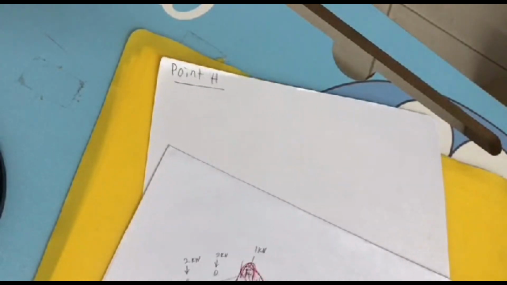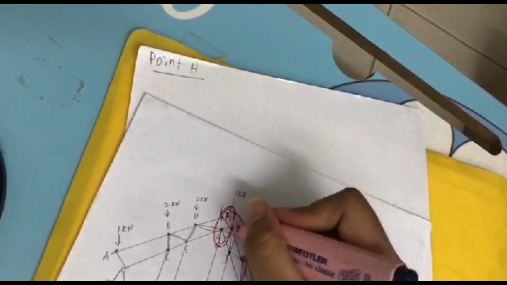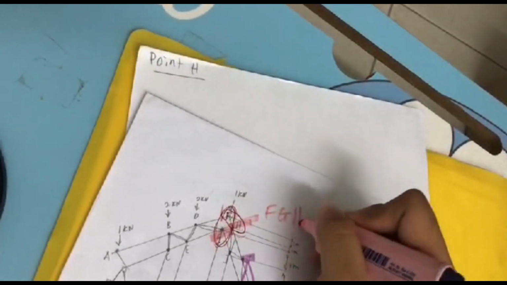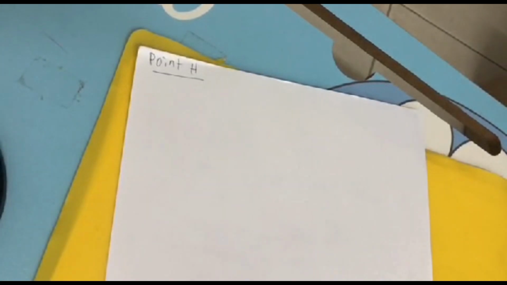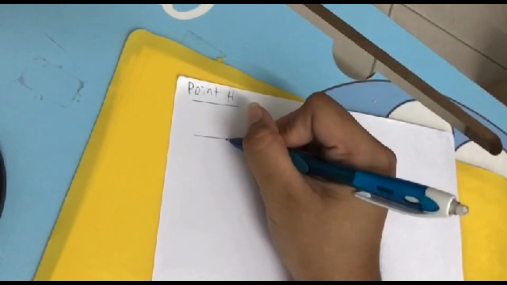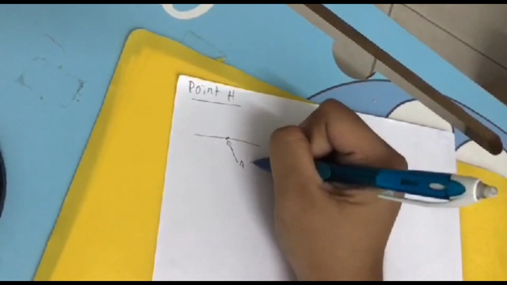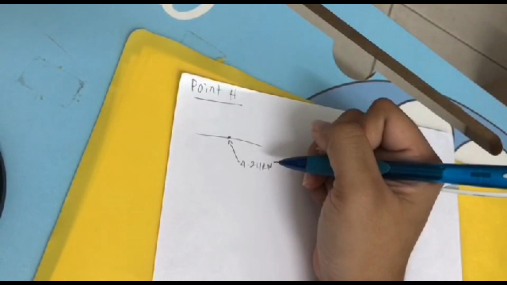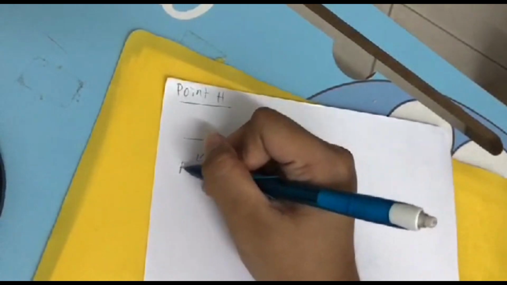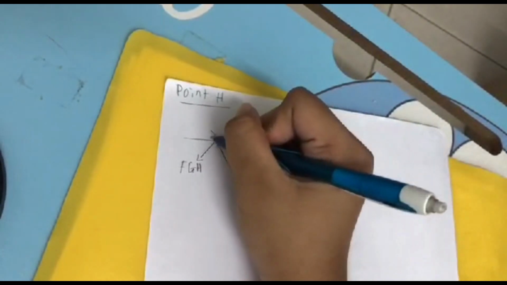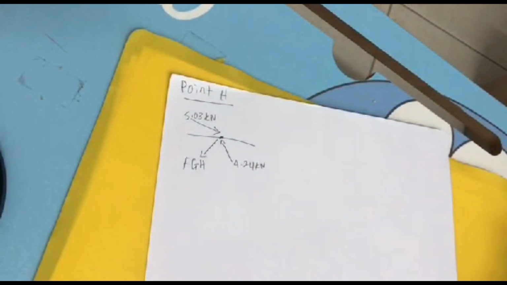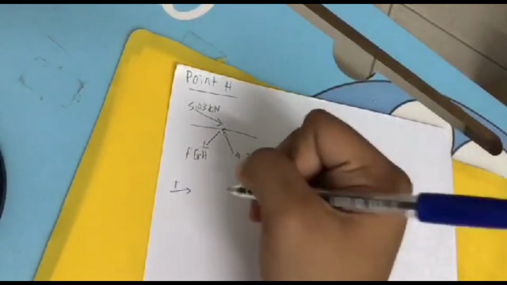And then we proceed with point H. So here we can see the members meeting at point H. So we'll find force for GH. So first we'll draw the free body diagram. This one is 4.24 kilonewton that we got from force JL, and this one is force for GH. This one is 5.03 kilonewton. So compression is a positive arrow.